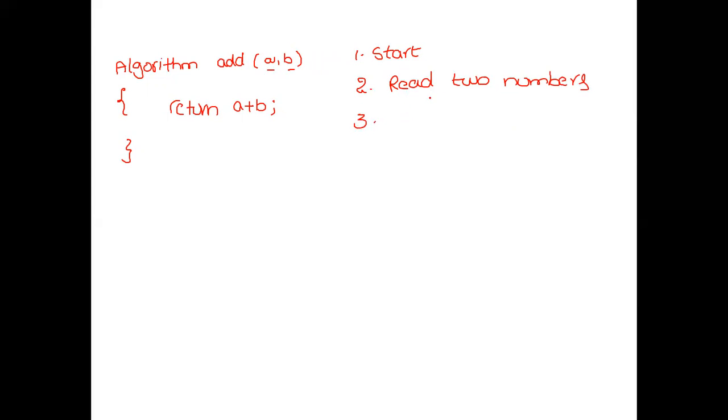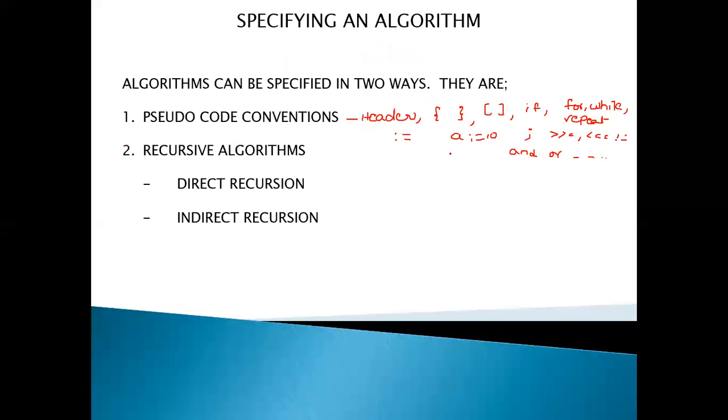After that, these two numbers get added, and the result is stored in another variable or identifier, that is c is equal to a plus b. Finally, the output will be shown. After that, the program stops. In general, read and write are the statements used to represent input and output values. This is the pseudocode conventions example.